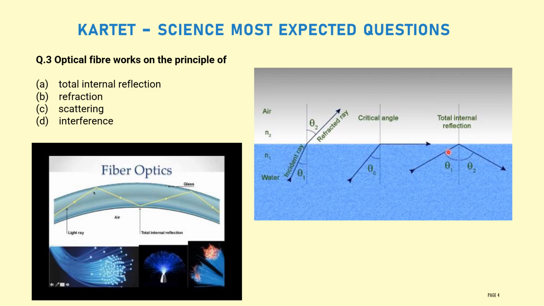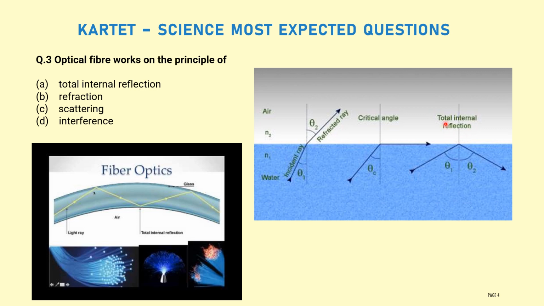Then coming to total internal reflection: if the angle of incidence is more than the critical angle, then instead of refraction, the ray after striking this surface gets reflected.